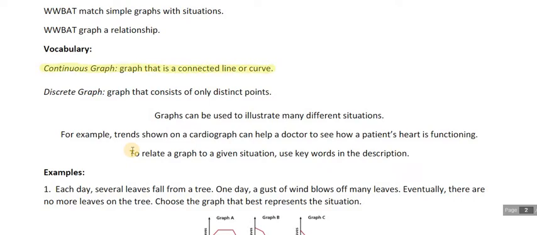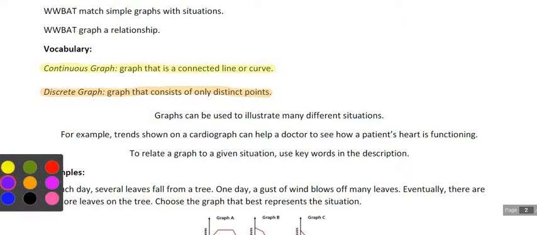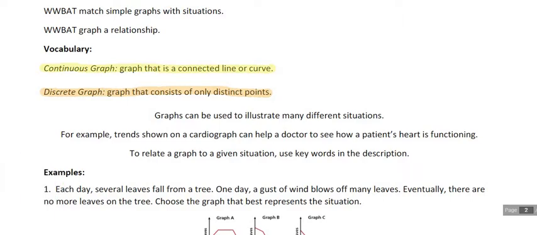It's a connected line or curve. Whereas a discrete graph consists of only distinct points. They are individual points. So continuous is connected. Discrete is distinct points, which are not connected.